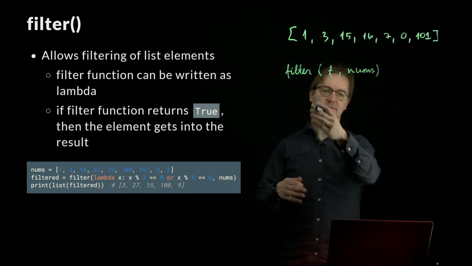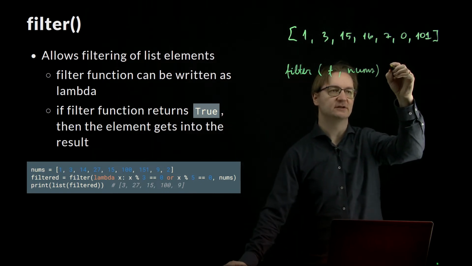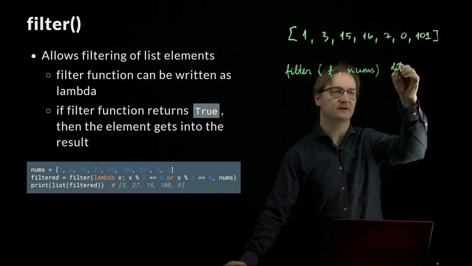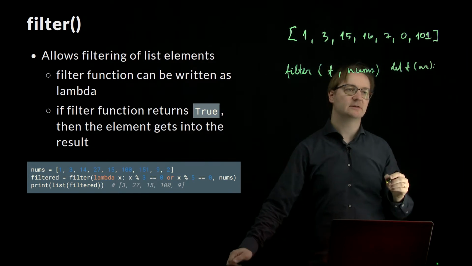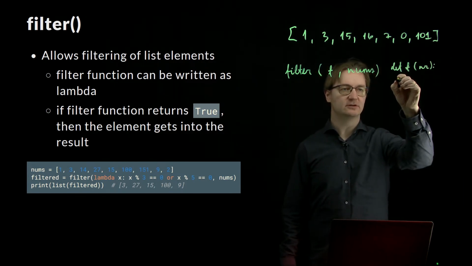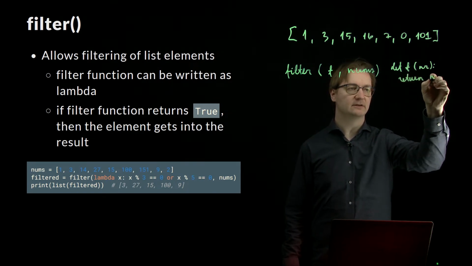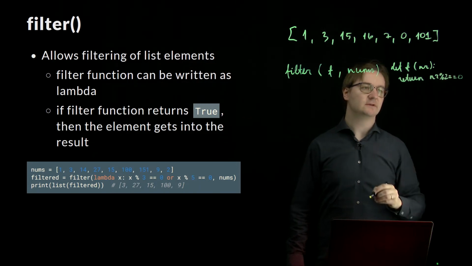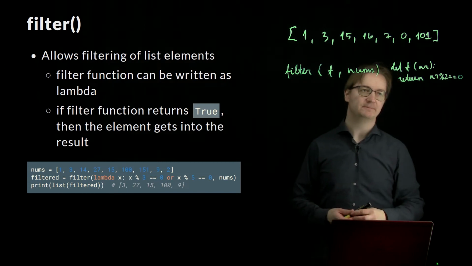The f function is written as we define function f, which takes in a number. And what it does, let's make it simpler. Let's say it returns whether the number is divisible by 2. So basically it's an even number.